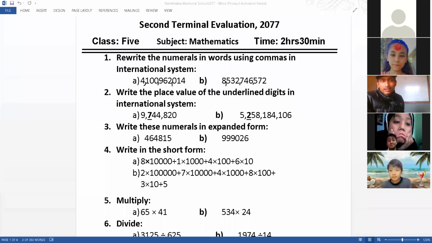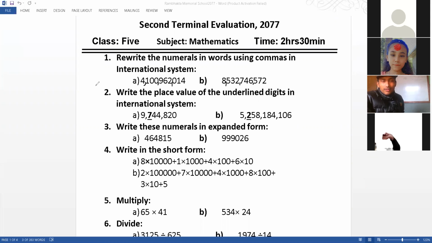Okay, Sasbi also knows. Kavya knows. Come on, do it quickly, everyone.